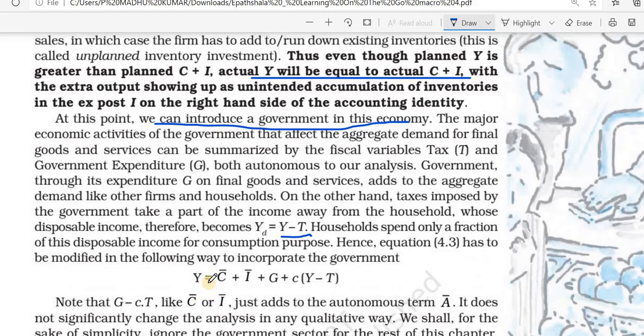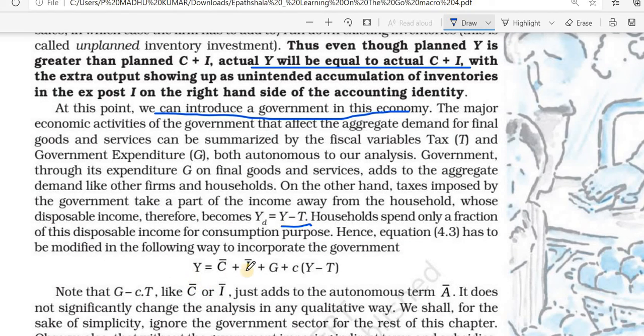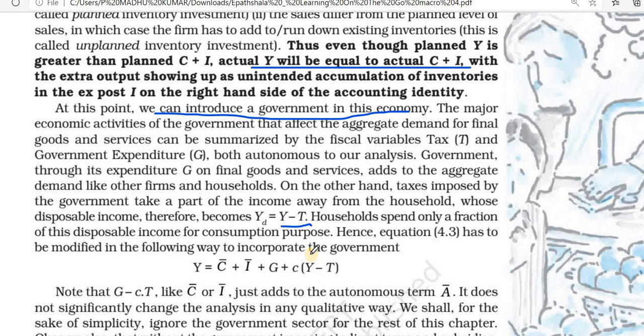Then we can write the equation as income equal to autonomous consumption plus autonomous investment plus government expenditure plus c into Y minus T. After tax, what they are getting, only that they can spend for consumption. When government is there, we need to pay tax, and after tax what they get is what the small c applies to. So when government is there, income equals autonomous consumption plus autonomous investment plus government expenditure plus c into (Y minus T).